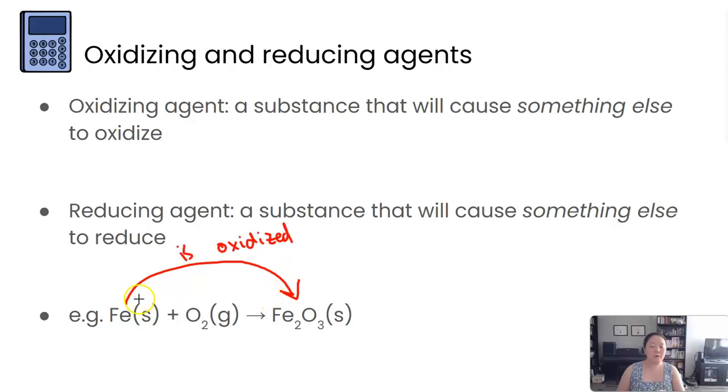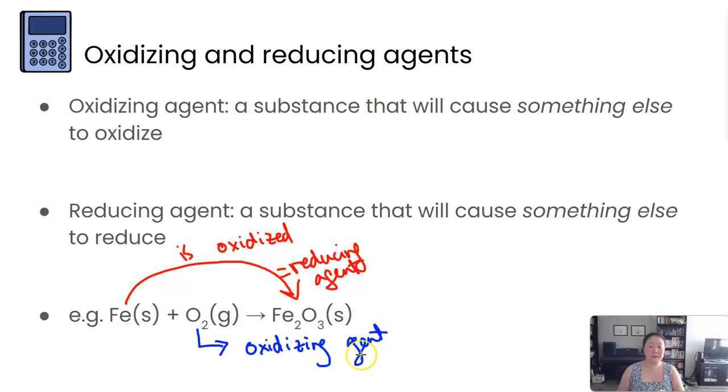Now, when it became oxidized, iron itself is a reducing agent. On the flip side, this oxygen made iron be oxidized, and so it is an oxidizing agent. So as an oxidizing agent, it itself ended up becoming reduced. Okay. So oxygen being an oxidizing agent is probably simple enough.